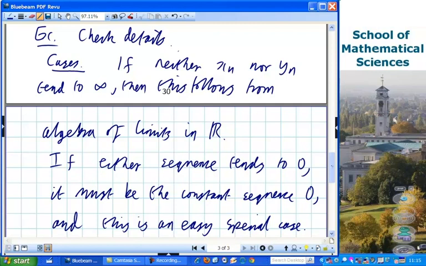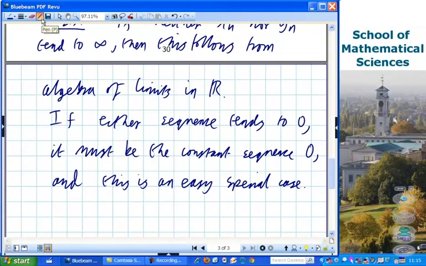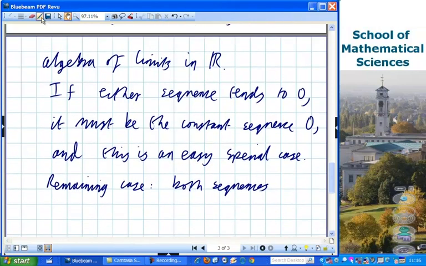And that final special case you could do with a sort of comparison test, something you'd have to work out, some sort of comparison test, or sandwich theorem, or deal with it directly by m's and n's. So the remaining case: both sequences eventually leave 0, and at least one of them tends to infinity.